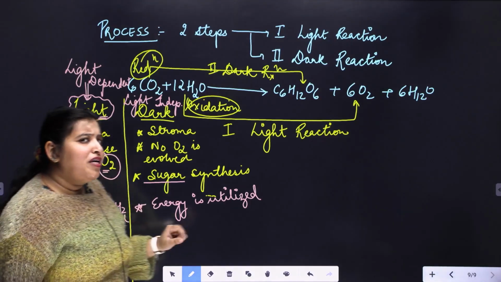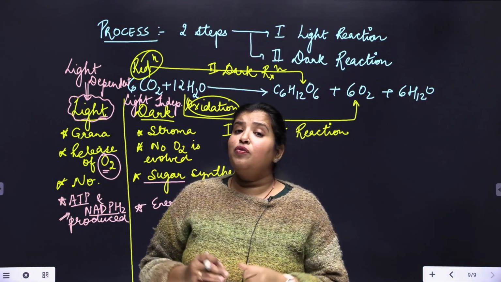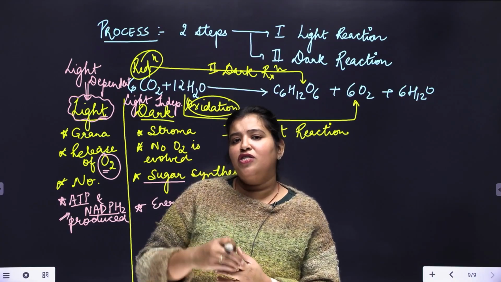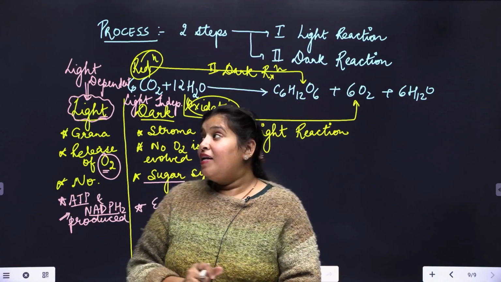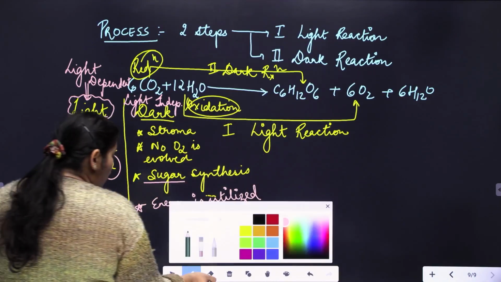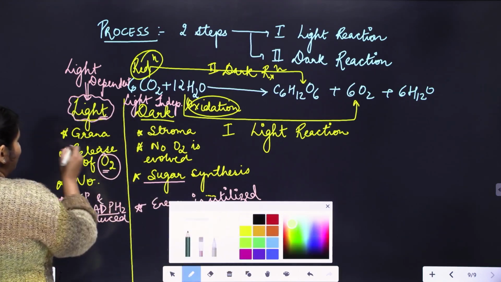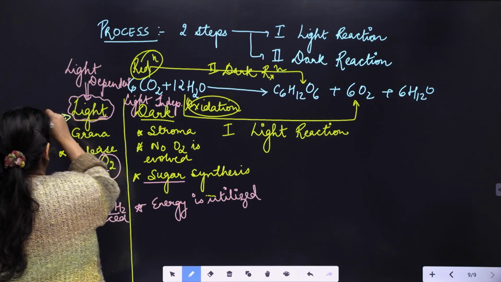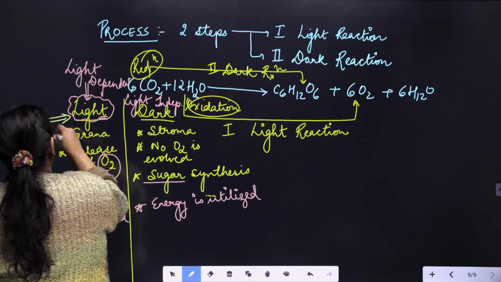Now, can you tell me, based on the knowledge or information I have shared, during which time of day the dark reaction will take place and during which time of day the light reaction will take place? Light reaction will always take place during the daytime.